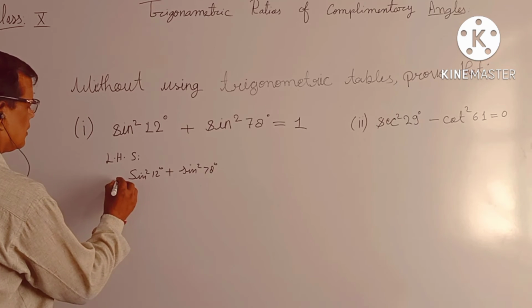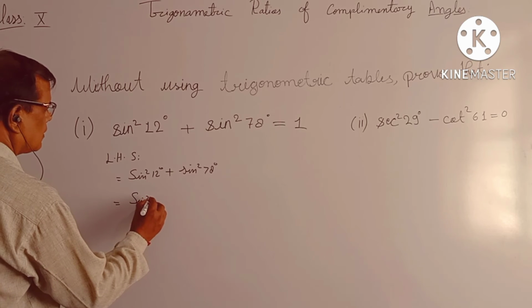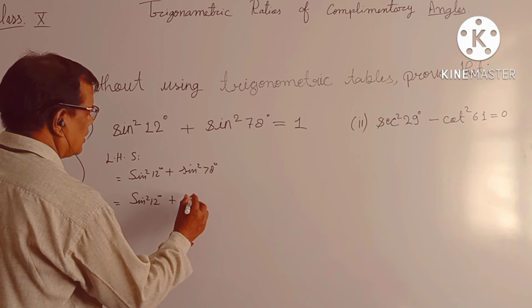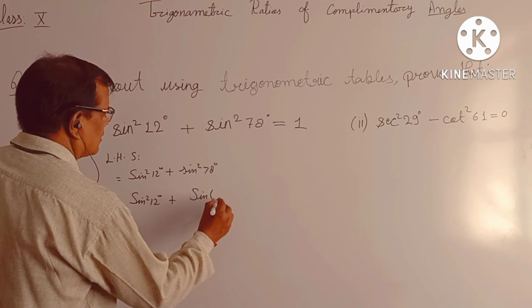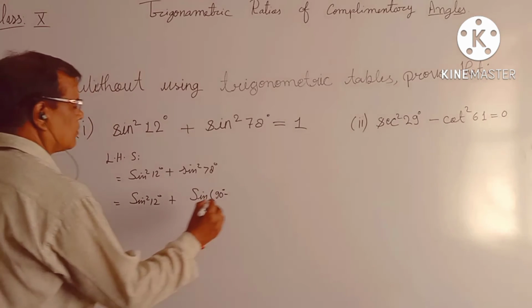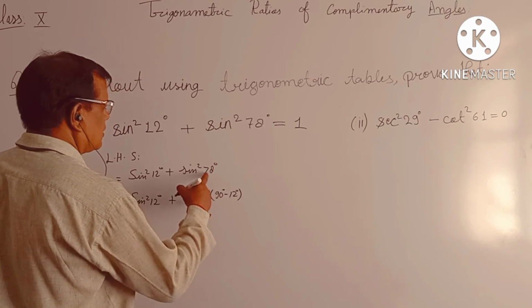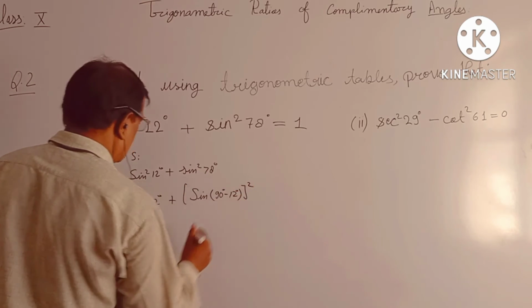We can write it this way: sine 90 minus 12 degree, if we subtract, it will be 78, and we put square.